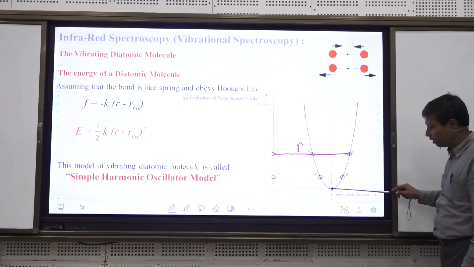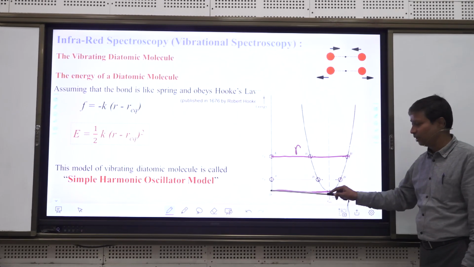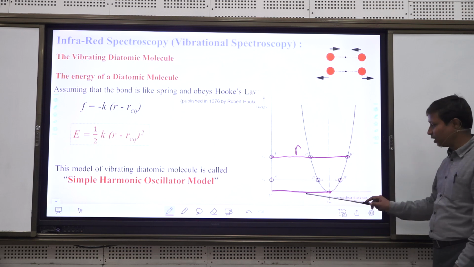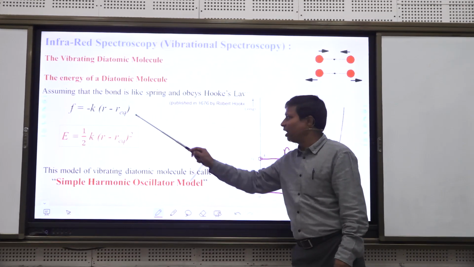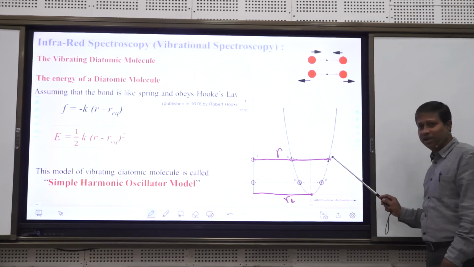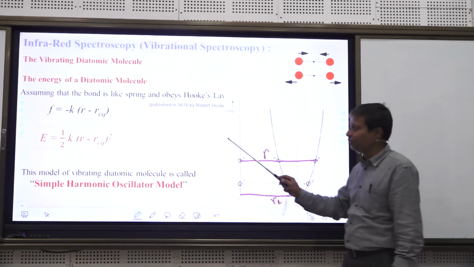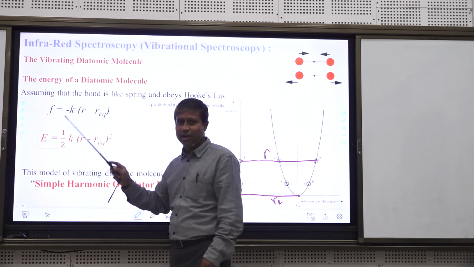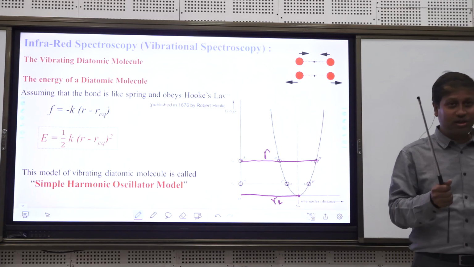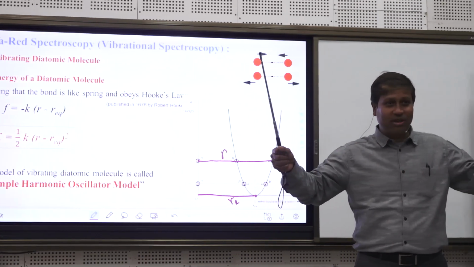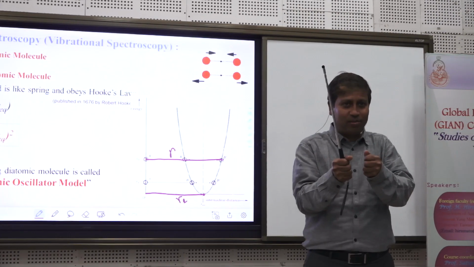So R minus R equilibrium, with R bigger, is a positive quantity, and the minus says that an attractive force is working, because the two atoms are forcibly separated, so they will try to come close.